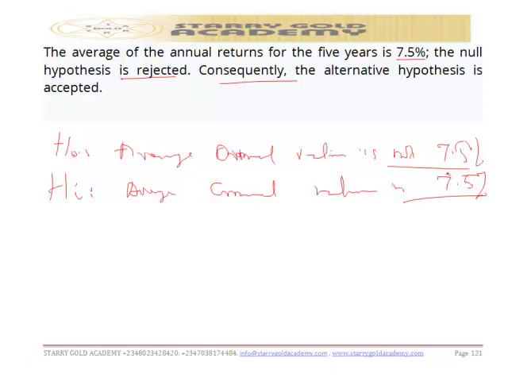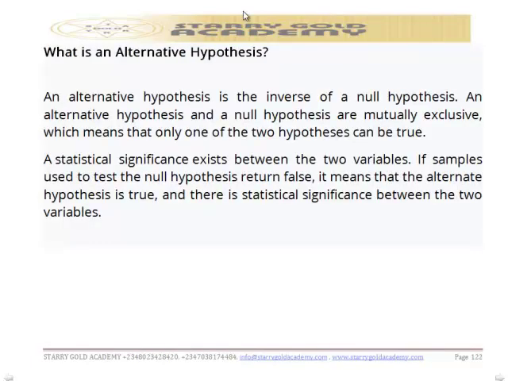That's about the null hypothesis. And the other part is the alternative hypothesis. What is an alternative hypothesis? An alternative hypothesis is the inverse of the null hypothesis. The alternative hypothesis and null hypothesis are mutually exclusive. That is, both cannot be right at the same time, which means that only one of the two can be true.